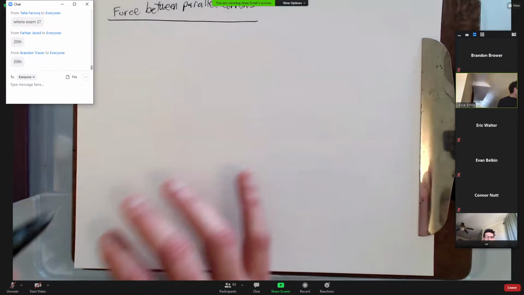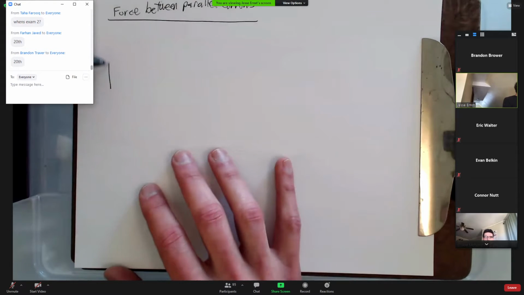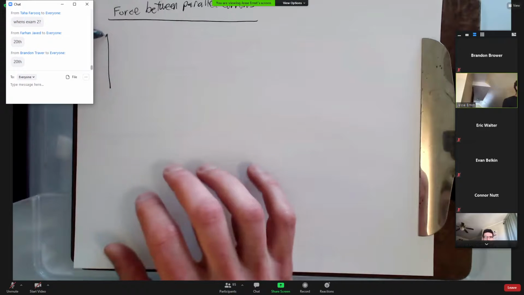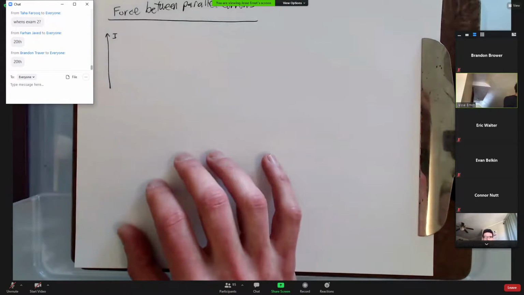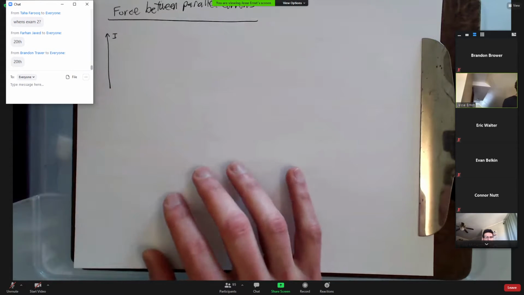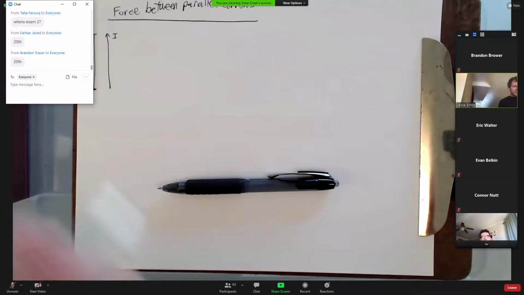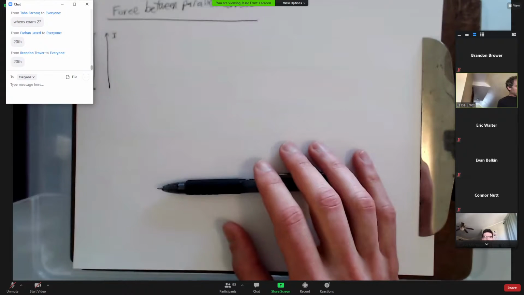Okay, so what we know is that if I have a wire carrying current I, of length L, and let's suppose that it's in a B field that goes into the page.